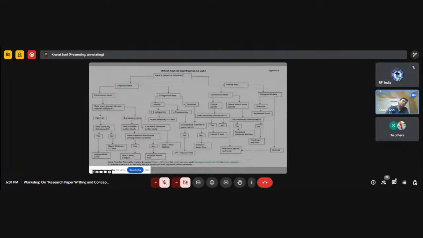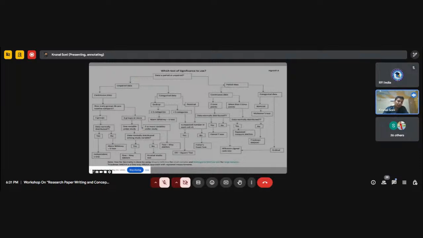Let's say I'm doing research on consumer perception towards online banking, and I want to see whether there is any difference of opinion between genders of consumers in India with the factors of consumer perception towards online banking, right?